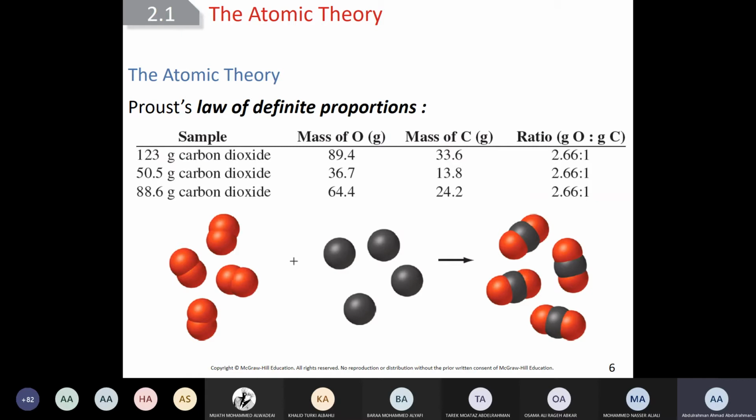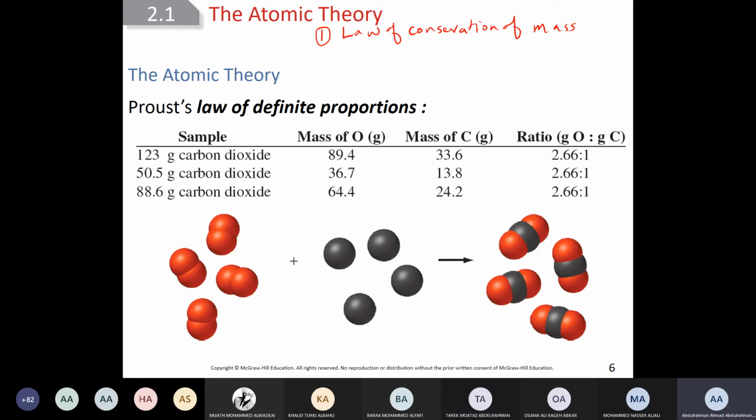Now, there are theories which are important. First of all, there is a theory called law of conservation of mass. Do you know what's the law of conservation of mass? Mass of reactant equals mass of product. Exactly, but this is too advanced.